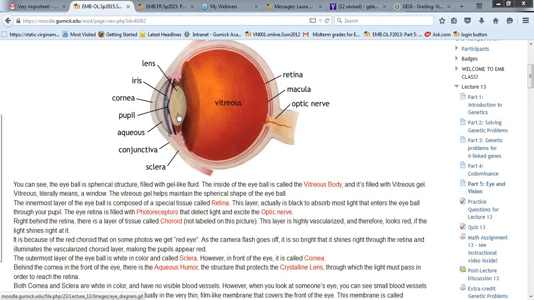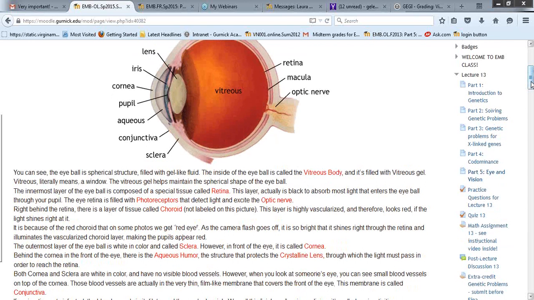The crystalline lens allows you to see objects at a different distance depending on how stretched that lens gets, and it gets stretched by little muscles over here. These little muscles are supposed to control the thickness of the lens, and these are called ciliary muscles.